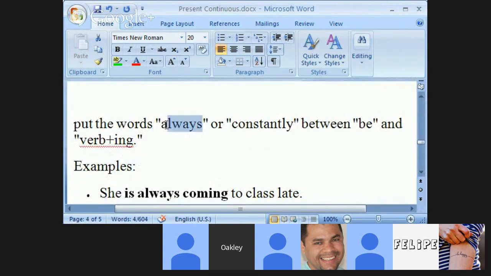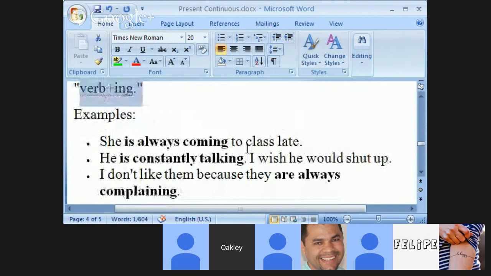And the always or constantly adverbs are going to be between the be auxiliary and the main verb. So it's going to look something like this. She's always coming to class late. All right. Notice the way I say it. I can't even help myself. I'm also going to use a little bit different intonation. She's always coming to class late.